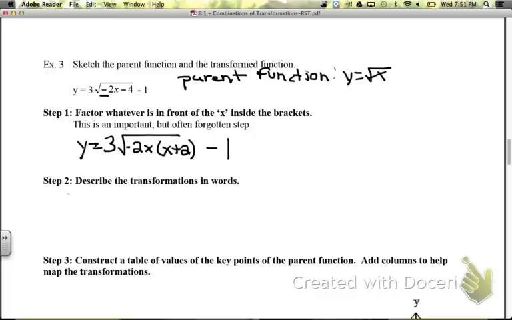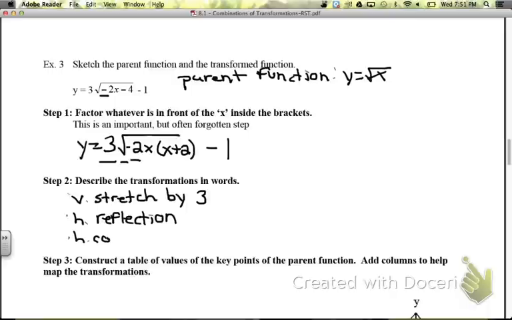So our first one, we look at 3. That 3 is telling me I have a vertical stretch by 3. Now this negative right here is telling me that we have a horizontal reflection. The 2 is telling me that we have a horizontal compression by a half.